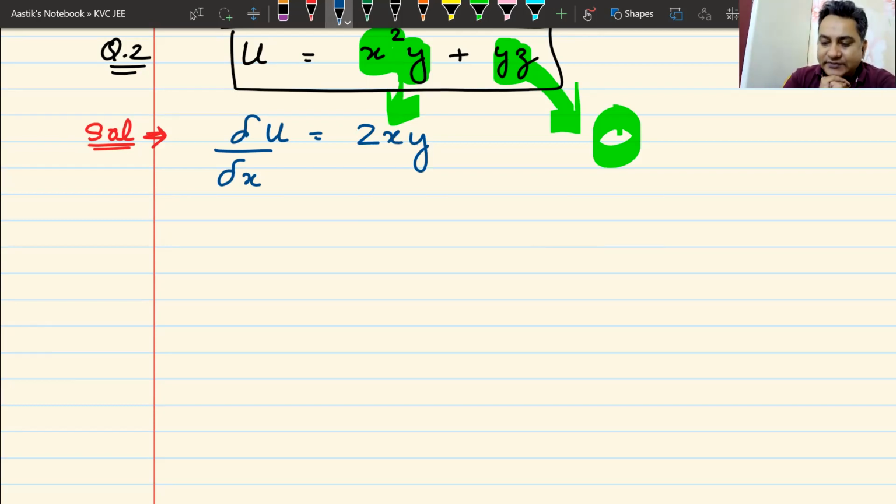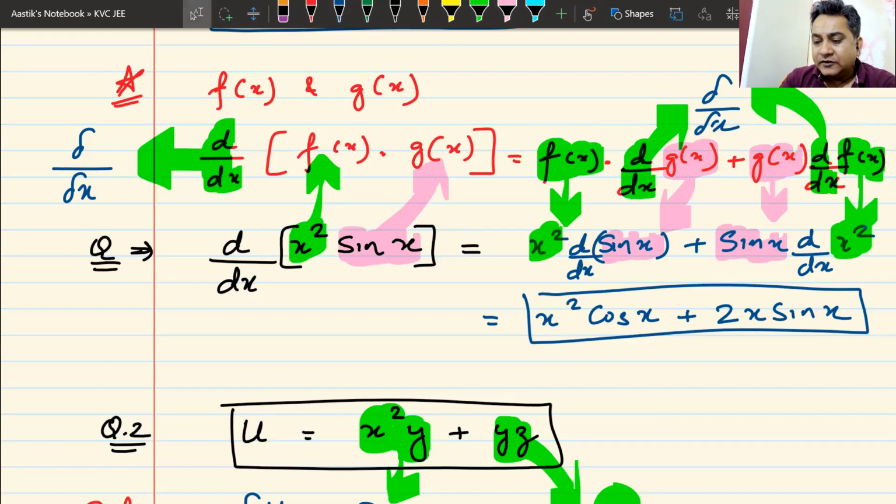How have I calculated this? I've just written the answer straight away. Partial derivative of yz with respect to x is 0. So that is out. I have to just find the partial derivative of x squared y. I have calculated it using the product formula. Partial derivative of the second function into f x. That is 0 because the partial derivative of y is 0.